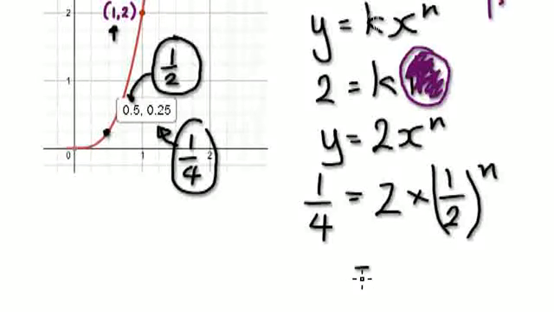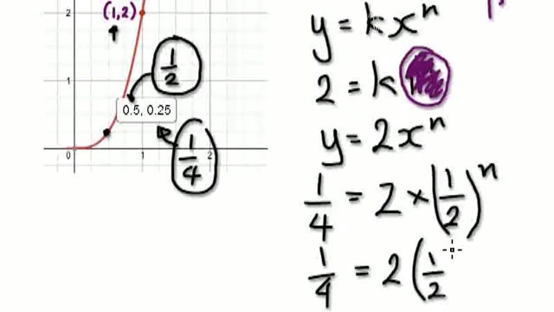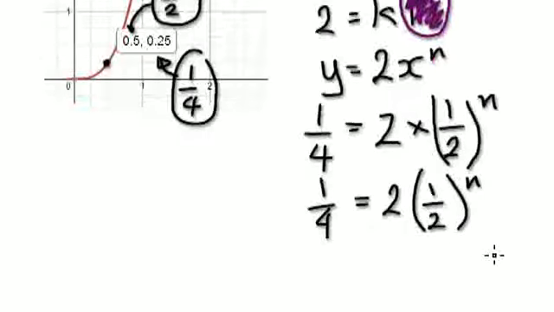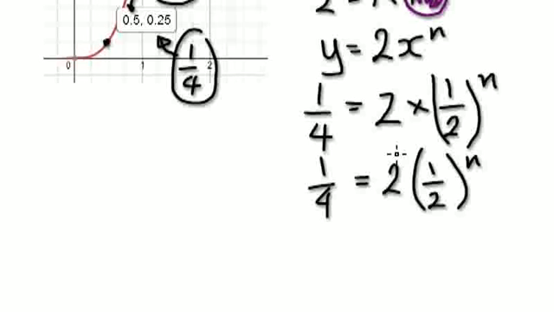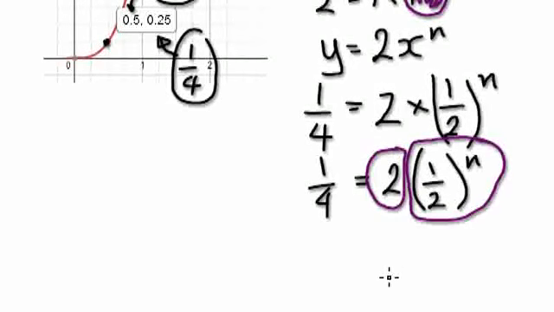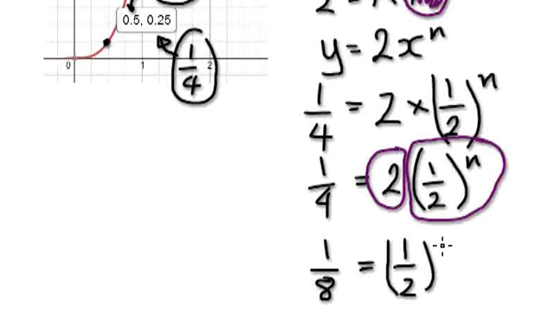At the moment you've got a quarter equals 2 times a half to the power of n. So divide both sides by 2. This will become 1 over 8, and you've got a half to the power of n.